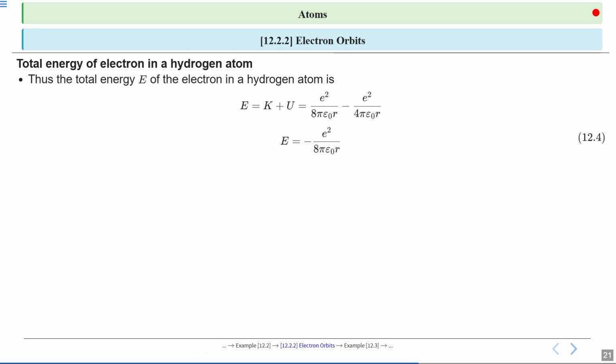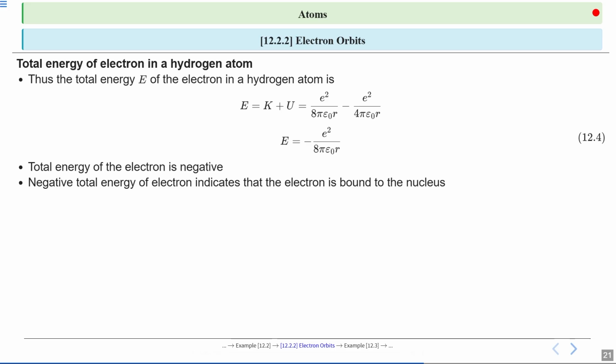The negative sign is important. It tells something about the nature of the electron's energy in the atom. So total energy of electron is negative. A negative total energy means the electron doesn't have enough energy to escape the attraction of the nucleus on its own. So negative total energy indicates that electron is bound to the nucleus. In other words, energy would need to be supplied to the electron for it to break free from the atom.